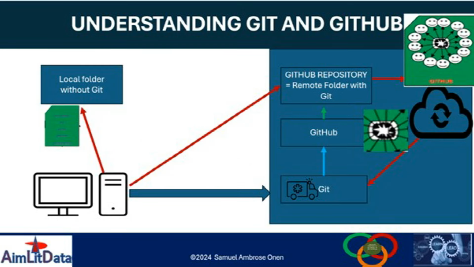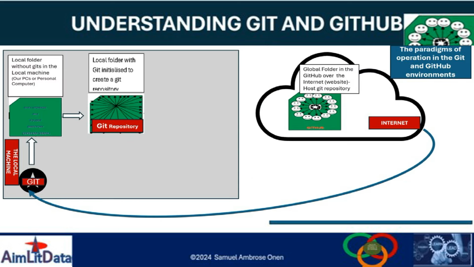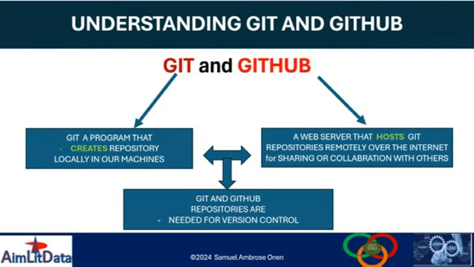So if you want to get GitHub, you can go to the GitHub website, open your GitHub account, and then create a GitHub repository there. So the difference between the two: Git is a program to create repositories. GitHub is a web host to host Git repositories. So that's the difference between the two.